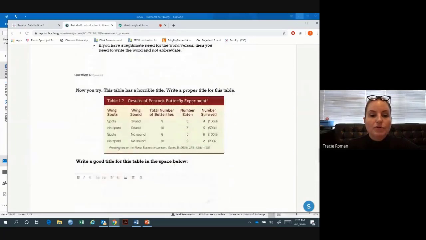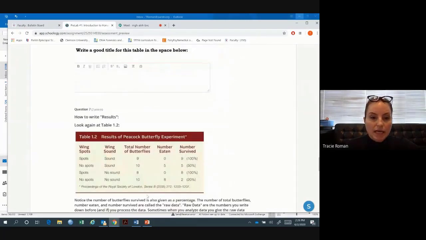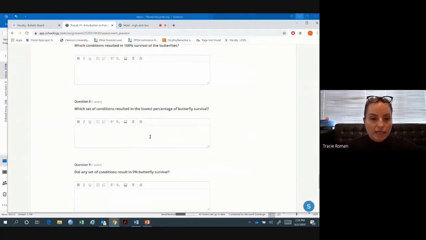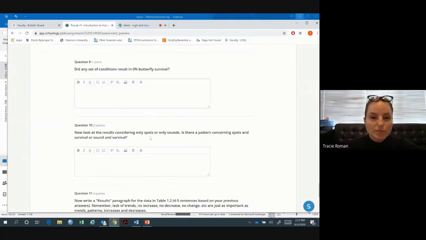Then you get some practice writing some titles, then practice writing some results, and then some general questions about data analysis. On the ACT, for sure, the science section is all data analysis. You really don't have to know any science, but you have to do data analysis.